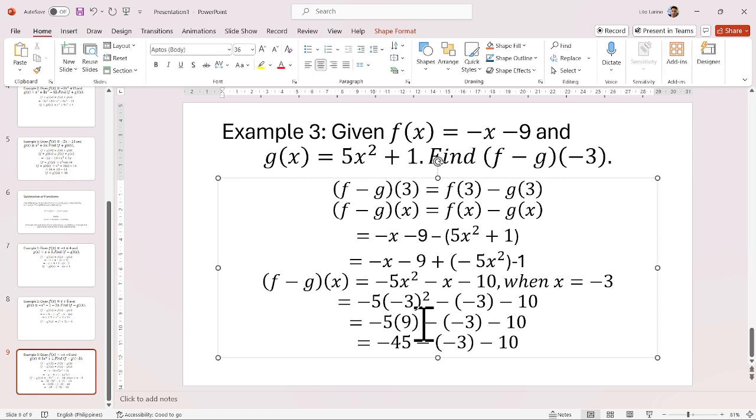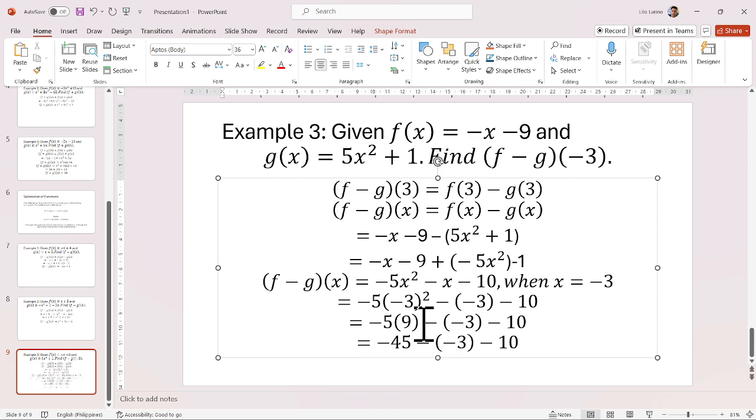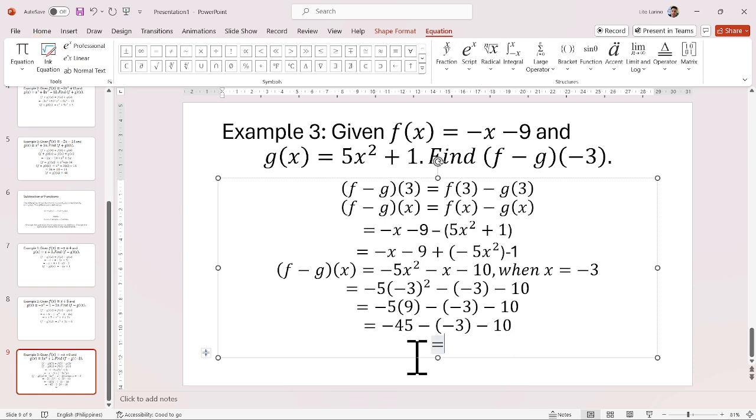Okay. Let's have this one. That is equal to negative 45 minus negative 3. We keep, change. This will become plus positive 3. Negative 45 plus 3 is negative 42. Minus 10 is negative 52. So again, negative 45 minus negative 3 will become negative 45 plus 3, and that is equal to negative 42.